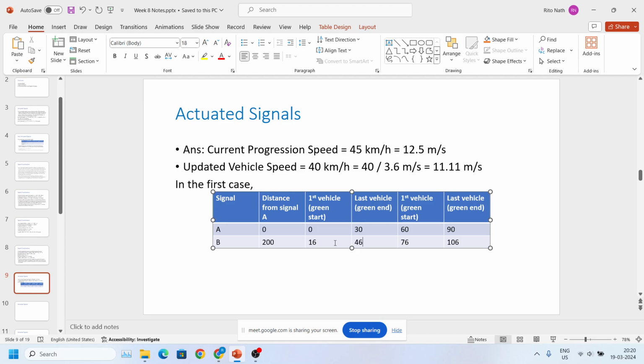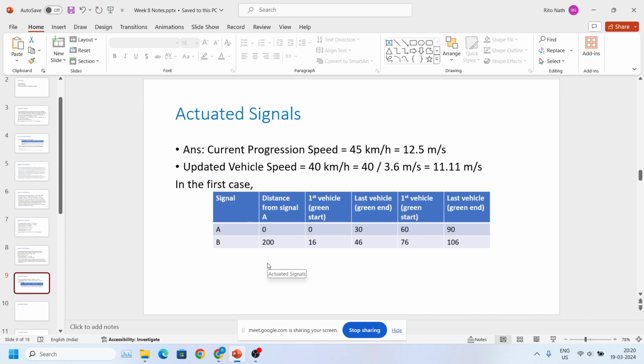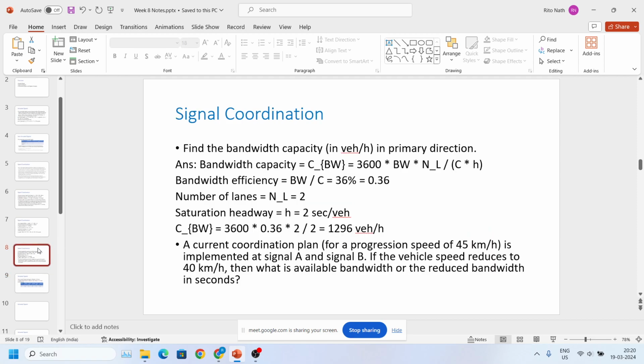Now, for the third one, I think it was 32 seconds.